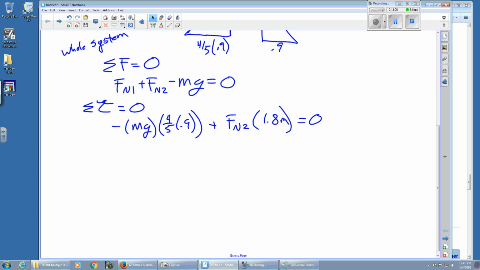So good old mathematical manipulation, and I'd end up with my calculator someplace.